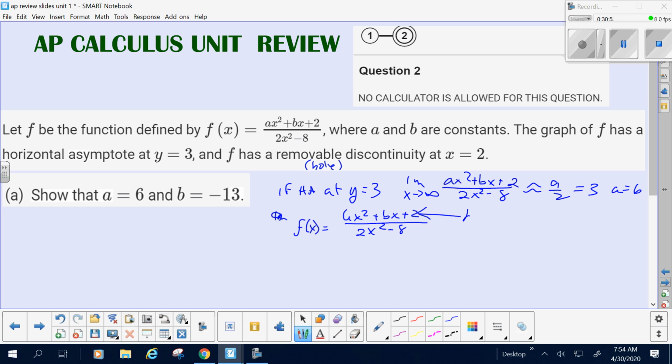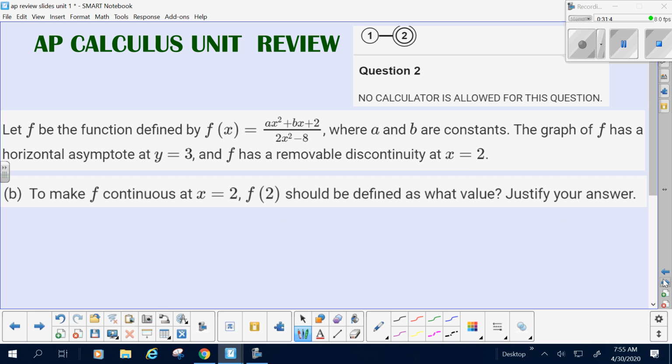If there's a hole, that implies that when x equals 2, the top, 6x squared plus bx plus 2, must equal 0. Hole implies that x minus 2 is a factor. X minus 2 is a factor, implies x equals 2 is a 0. So if I plug in x of 2 into this, then that will show you that b has to be -13, I hope. I think that is the case. It better be, otherwise we're in trouble.